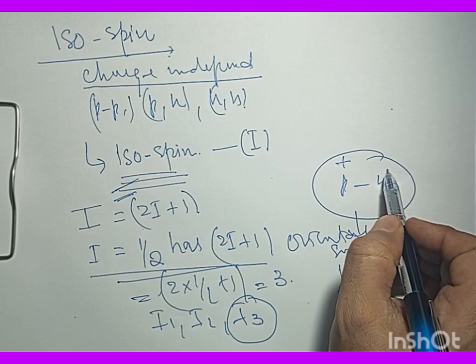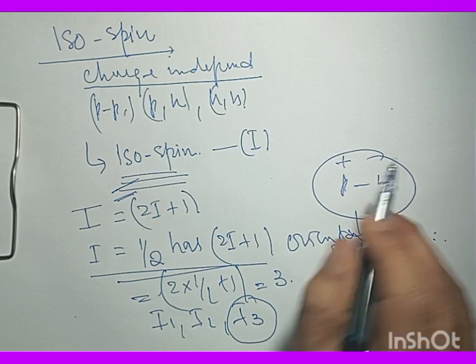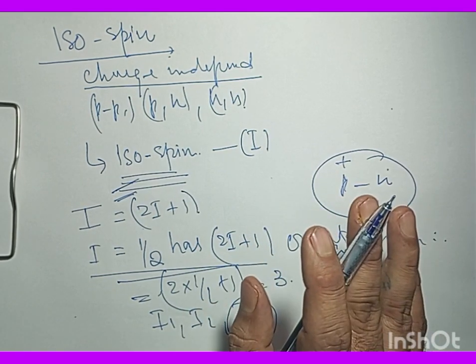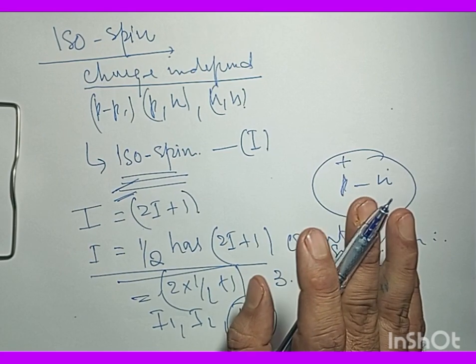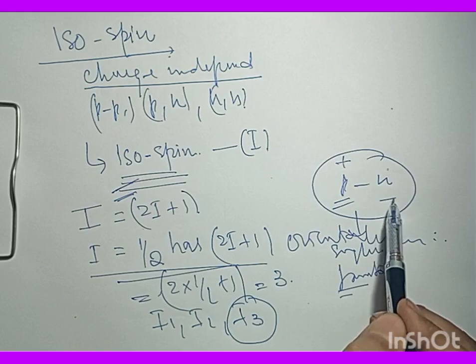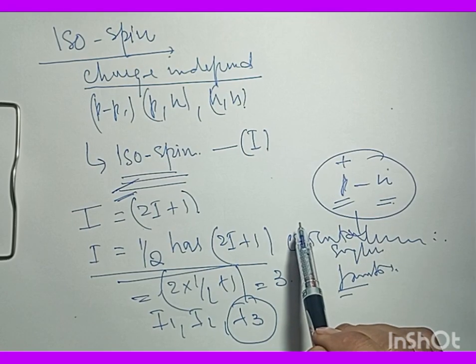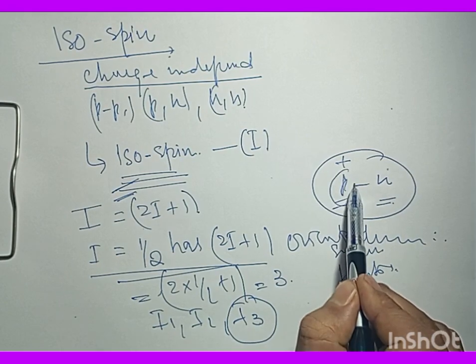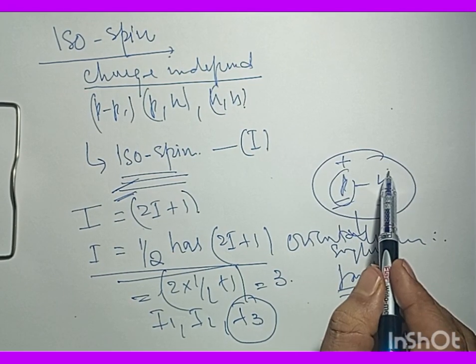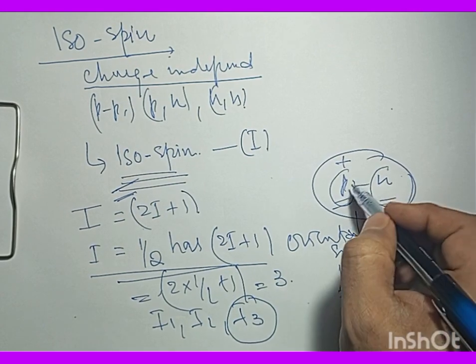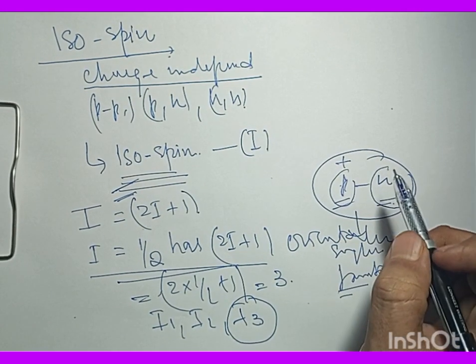It's a neutral particle. So due to electromagnetic interaction, there is a slight mass difference between the proton and the neutron. In other words, the mass of the proton is slightly different from the mass of the neutron, and that's because of the electromagnetic interaction between these two particles.